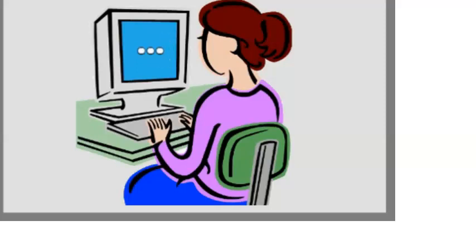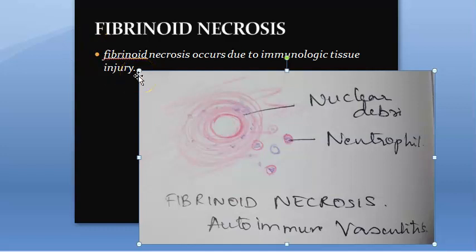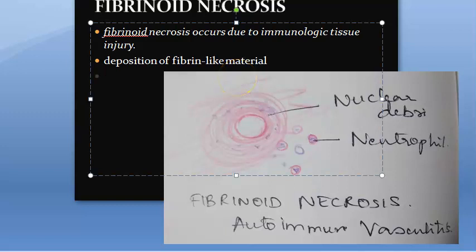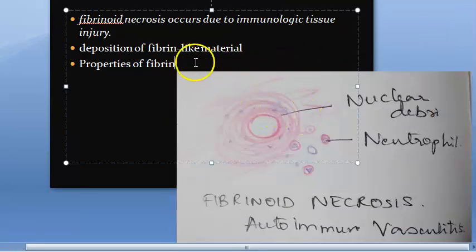Now, in fibrinoid necrosis there is deposition of fibrin-like material. So it will have properties of fibrin. We'll come to all that. What are the properties?